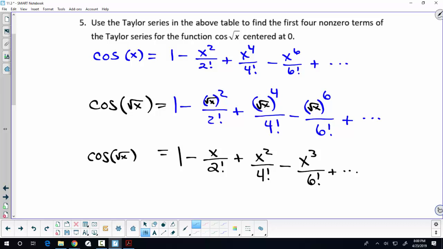What values of x does the series for cosine converge for? Cosine converges for all values. But will this converge for all values? Cosine root x? No, because you can't plug in negative numbers.